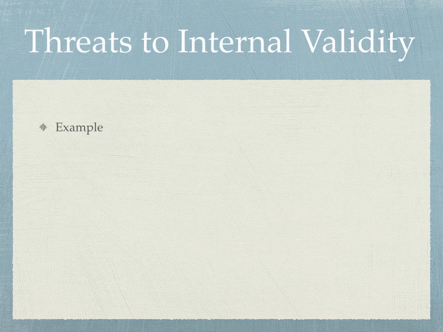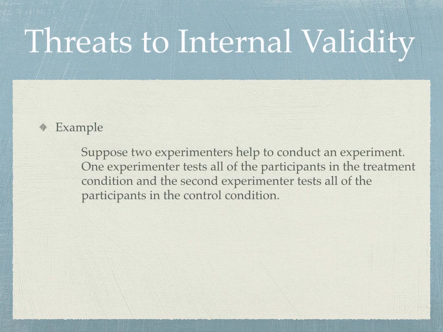So back to our example of the 2 experimenters. Suppose we have the 2 different experimenters, and again, A does all the participants in the treatment condition, and B does all the participants in the control condition. What we then have is a situation where the experiment has become confounded. That extraneous variable of experimenter has now been allowed to co-vary with the levels of our independent variable.